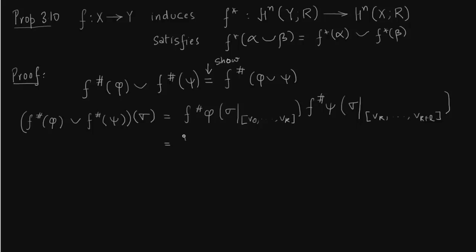Now f hash is a cochain map, so it reverses with phi f, by definition of f hash, and similarly here with psi f. That is the definition of f hash of phi.